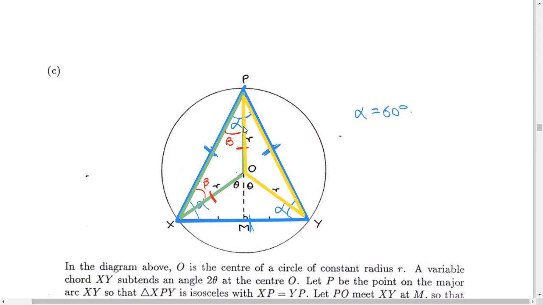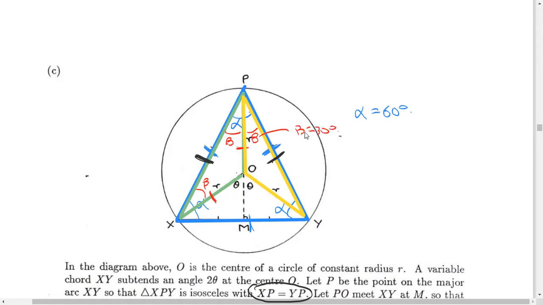But at the same time, we also said that PX equals PY from the question. That basically means that the bottom angles must be equal. So if this is beta, we're saying that beta must equal 30.